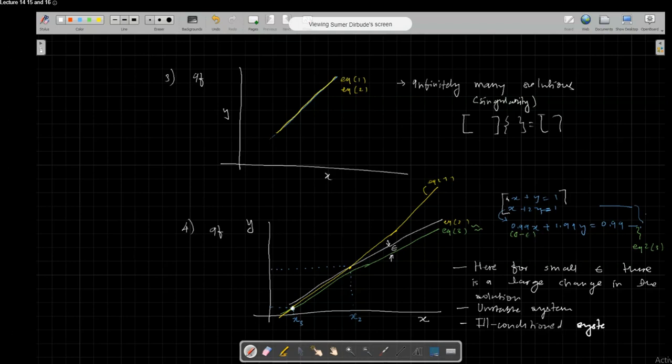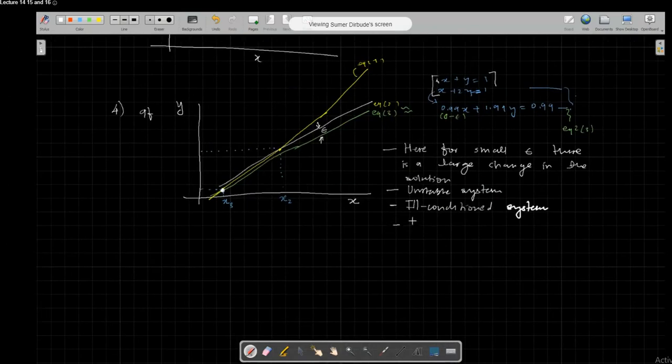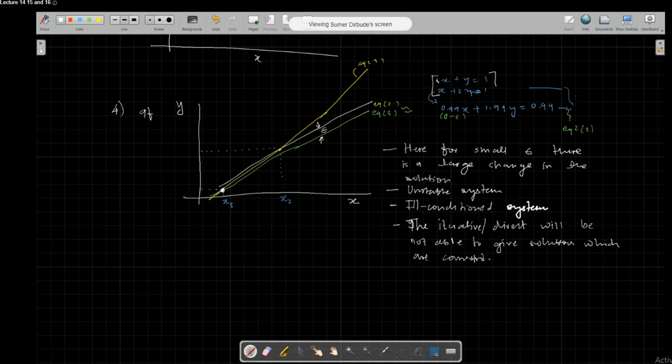Since the system is unstable, the iterative or direct method will not be able to give you convergent solutions. Convergent means stable, and a stable solution is always convergent. A convergent solution is stable, but it may not be correct.